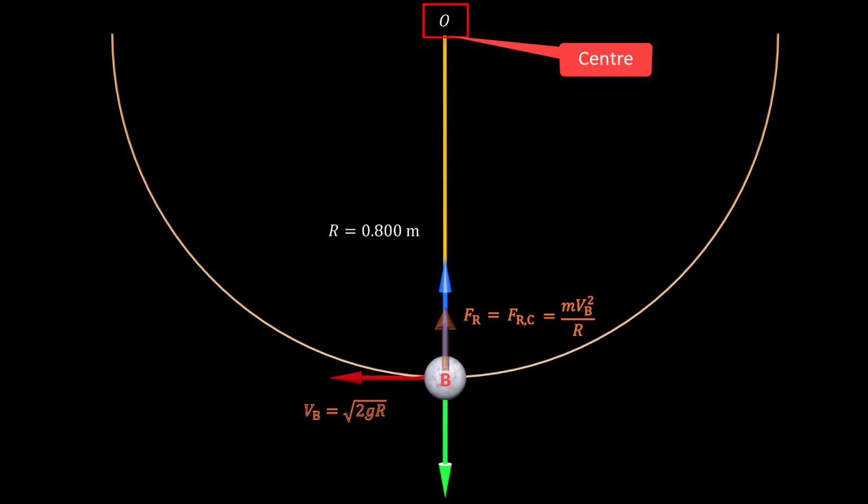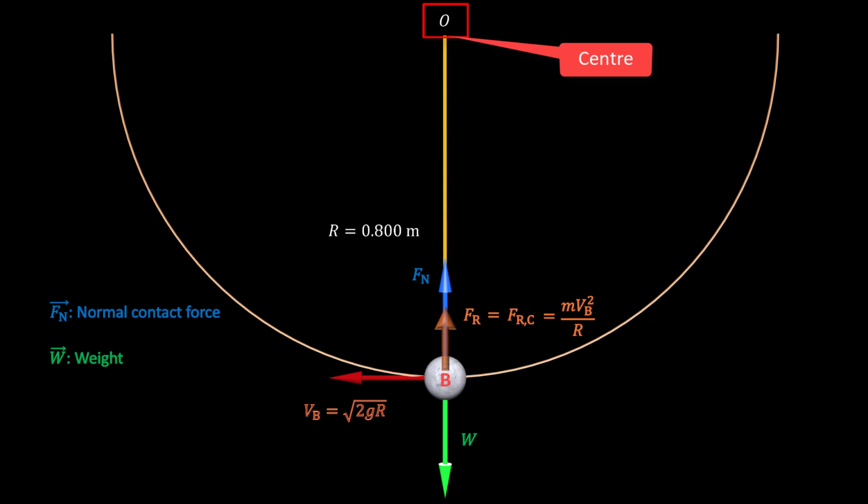Therefore, all forces acting on the ball at the point B must give a resultant force that has a component vertically upwards towards the point O and has a magnitude mvb squared divided by R. The two forces acting on the ball are the weight W and the normal contact force Fn.